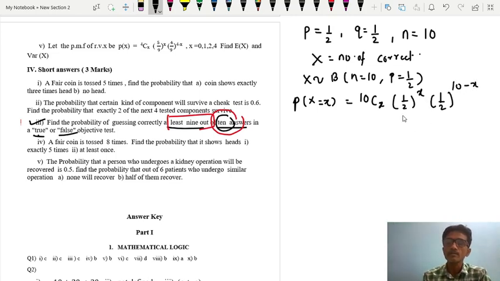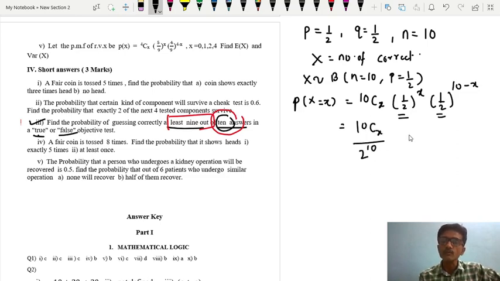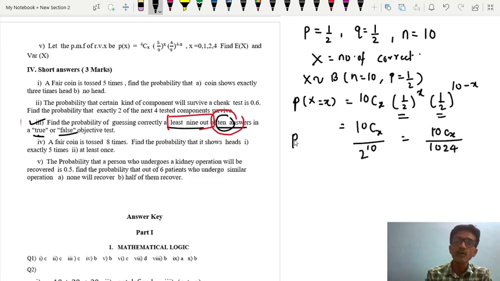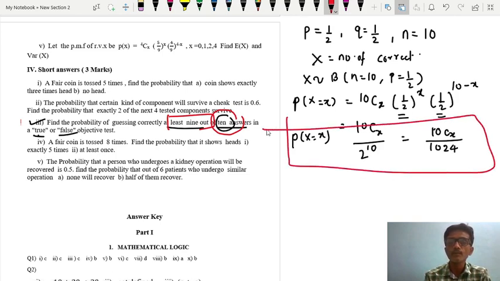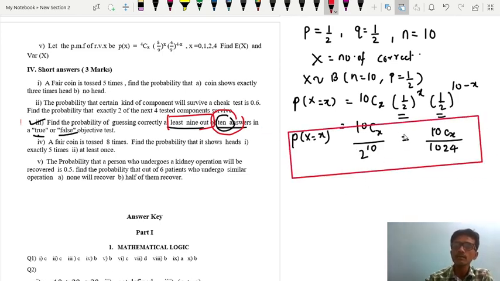P and Q are the same, so we directly use the law of indices here, and you can write 10Cx upon 2 raised to power 10. 2 raised to power 10 is 1024. So P of x is equal to 10Cx upon 1024. Here is the formula. In this formula you can put the value of x.